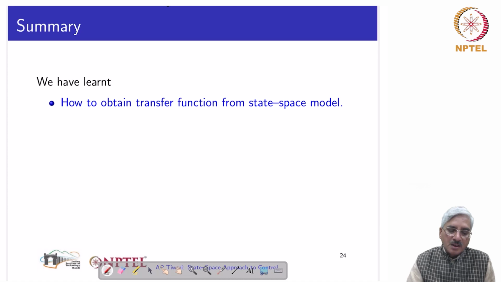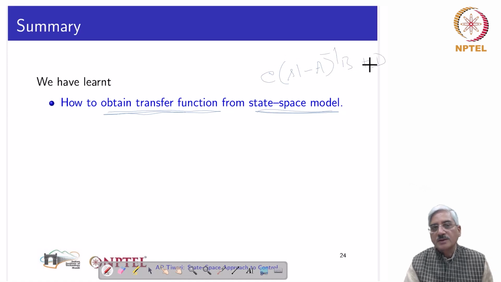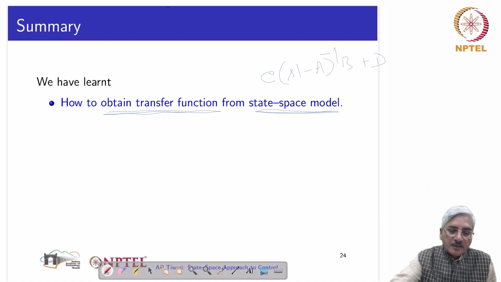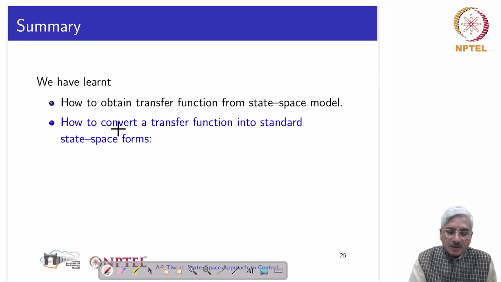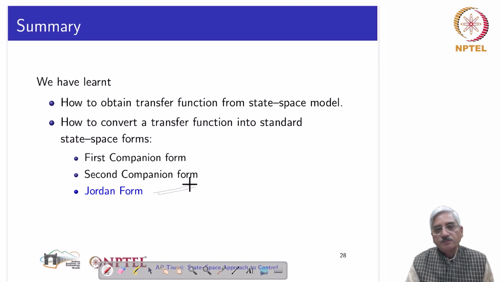So what we have learned is how to obtain the transfer function of the system given the state space model, that is C (sI minus A) inverse B plus D. This was the transfer function. And given the transfer function, how to convert it to standard state space forms. And we represented it by canonical forms. One of them was first companion form, other was second companion form, and third was the Jordan form.